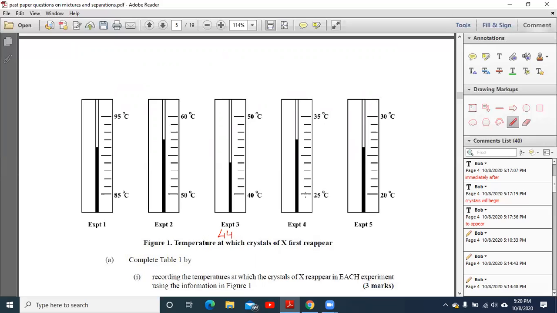Each division is 1 degree. So we have 25, 26, 27, 28, 29, 30, 31, 32. And here we have the same scale, 10 degrees and 10 divisions. So we have 20, 21, 22, 23, 24, 25, 26.